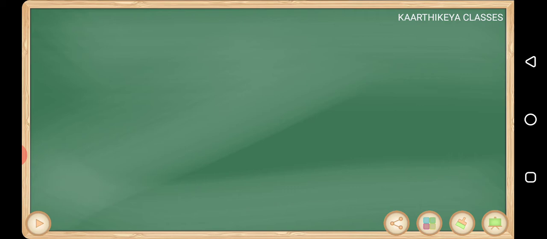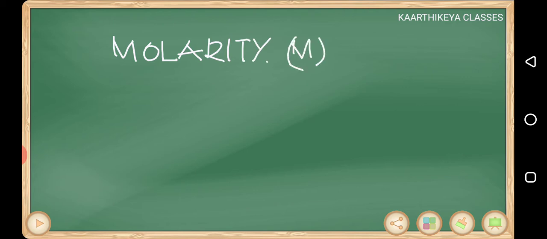Now molarity. I am giving you only the definition and formula here. For each formula, if you want, I will give you an individual worked exercise session. Molarity means the number of moles of solute present in 1 liter of solution.